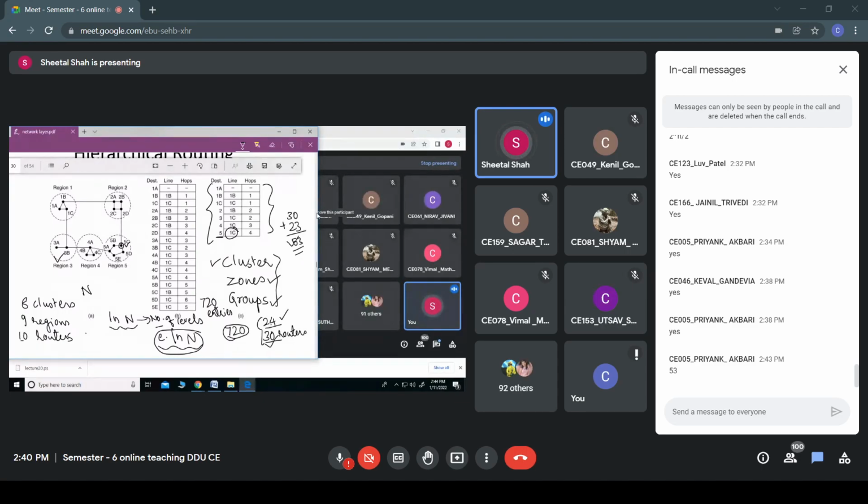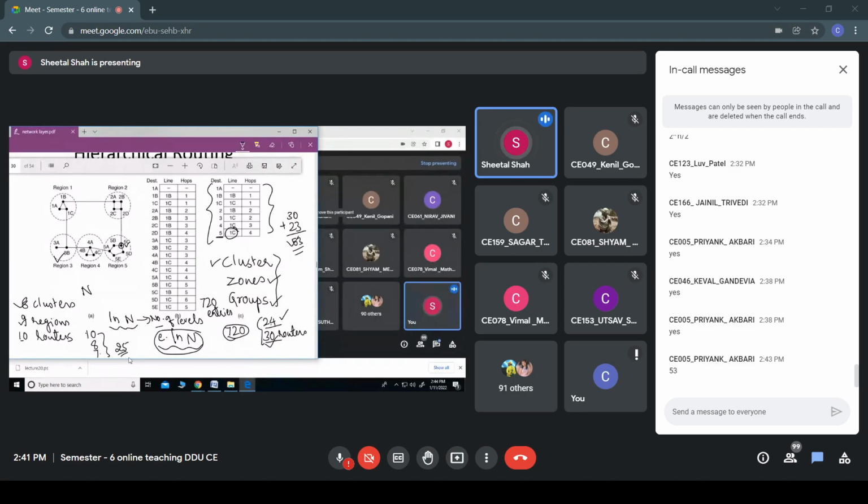So 10 routers would have 10 entries, then 8 entries for the other regions, then 7 entries for the other clusters. So in total, the size of the table would be 10 plus 8, 18, plus 7 is 25. So 25 entries would be there in this routing table.